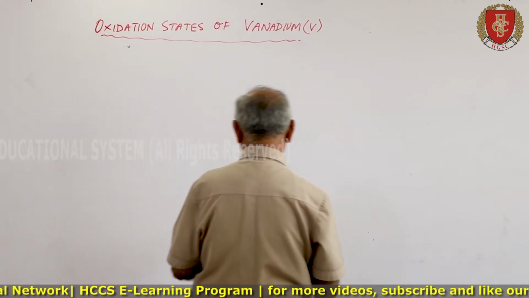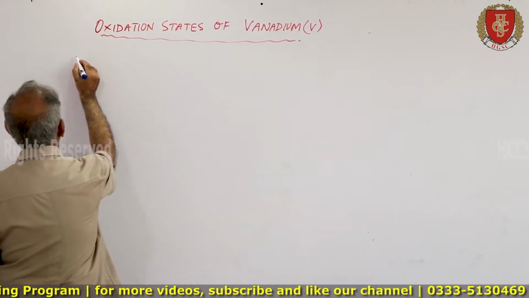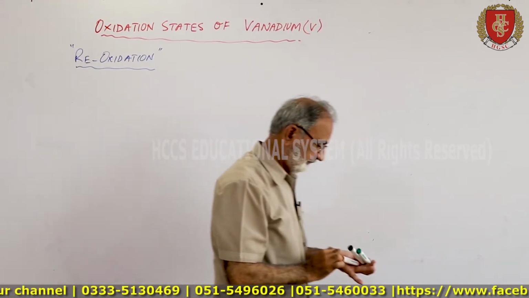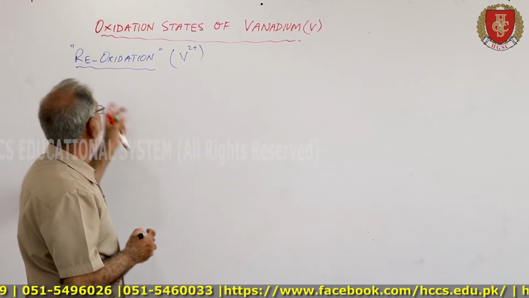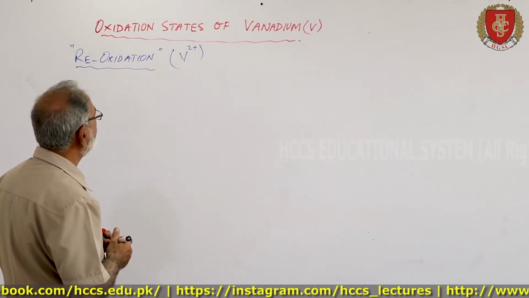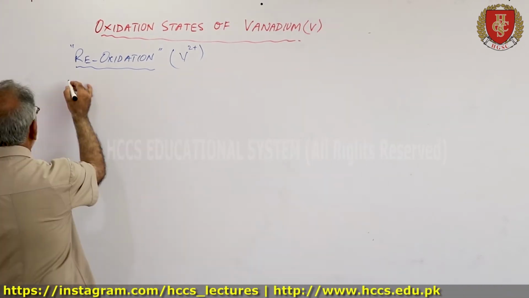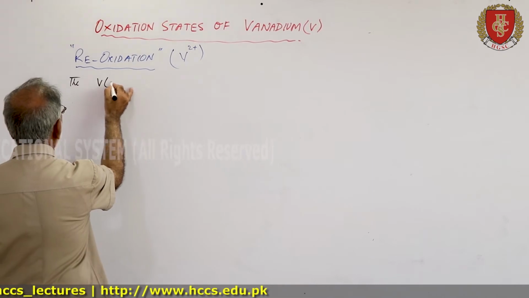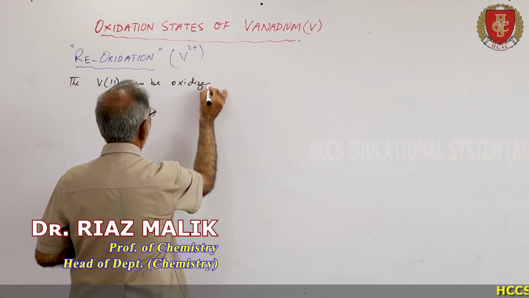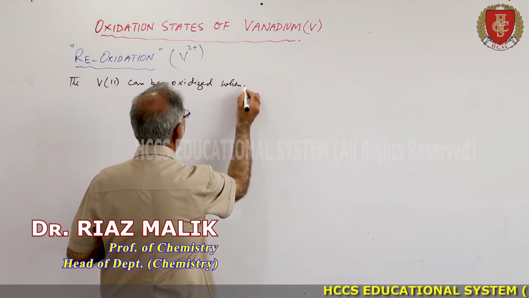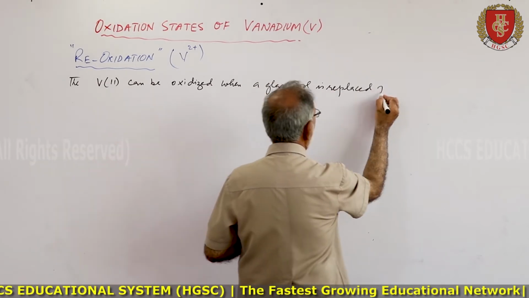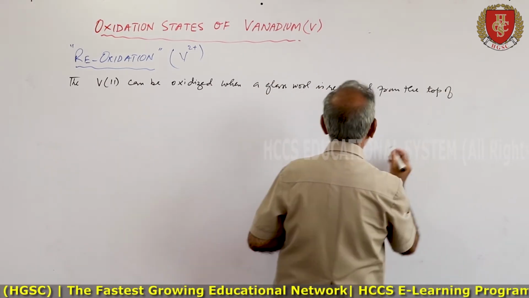Now we can also describe the re-oxidation. Vanadium in the 2 oxidation state can be easily oxidized when the glass wool is removed from the top of the flask.